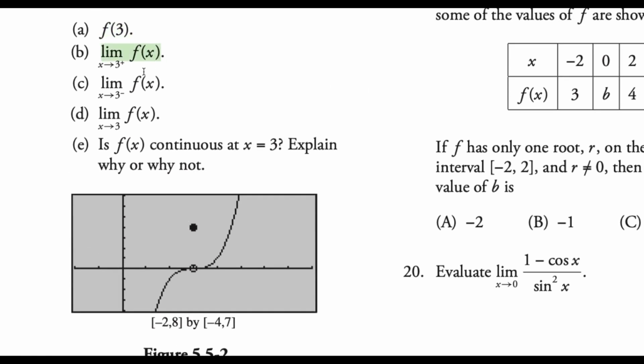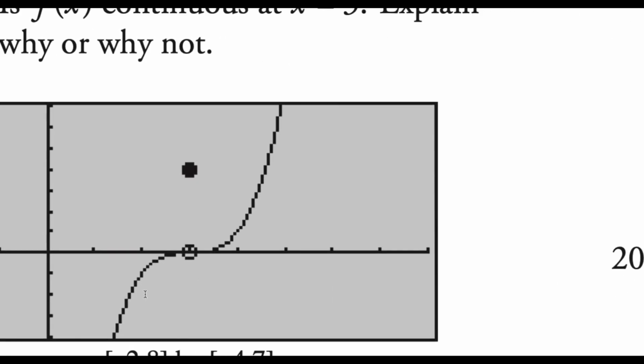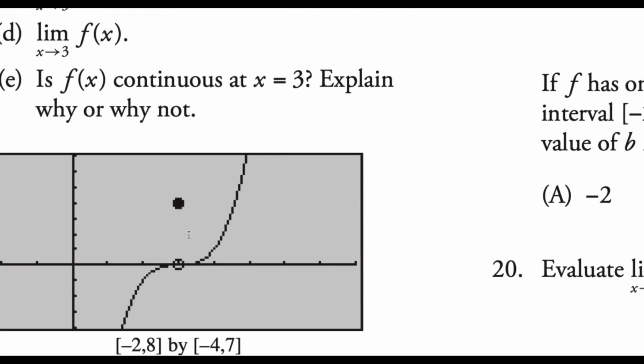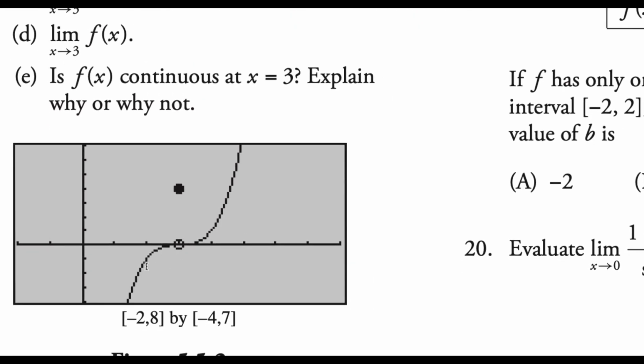For the limit of f(x) as x approaches 3, questions B, C, and D can be solved at the same time. Looking at the graph, we look at the curve right here, and we see that the limit of f(x) as x approaches 3 from both sides is going to be 0, like the white dot over here.